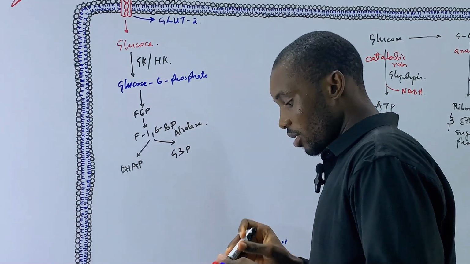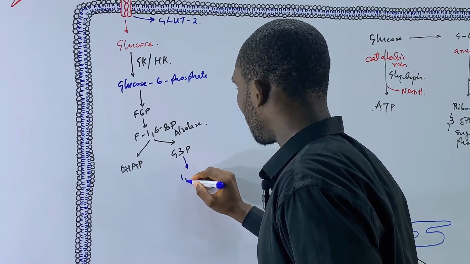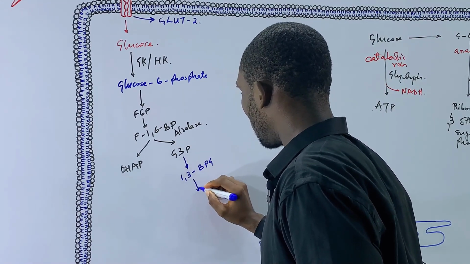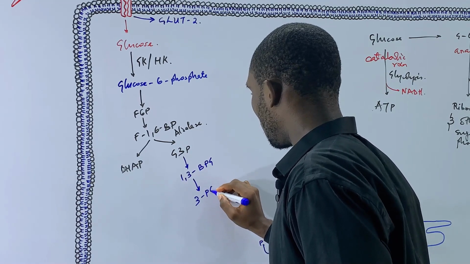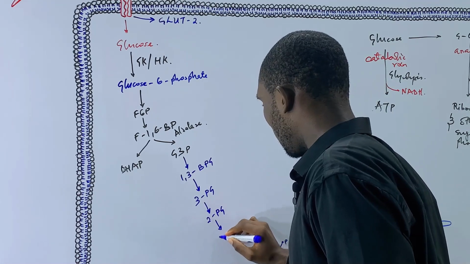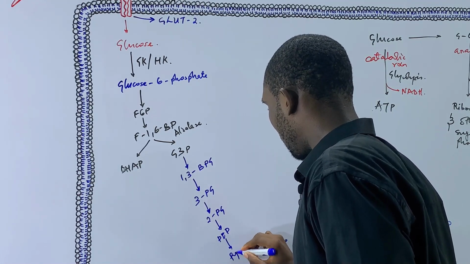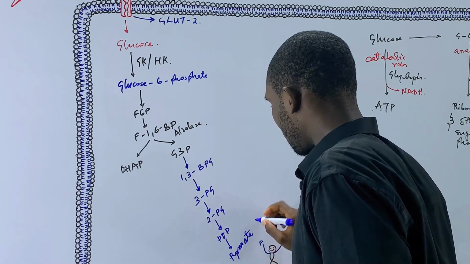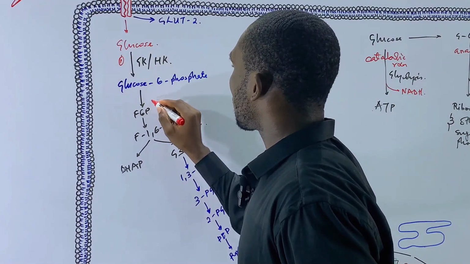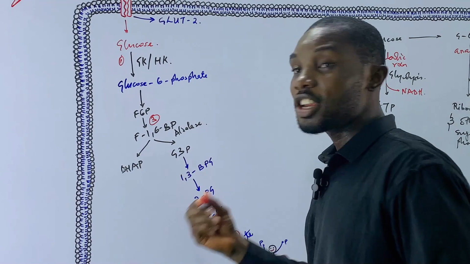Aldolase. Then the glyceraldehyde 3-phosphate is converted to 1,3-bisphosphoglycerate, which is converted to 3-phosphoglycerate, then to 2-phosphoglycerate, and then phosphoenol pyruvate and pyruvate. And remember, reactions 1, 3, 10 are irreversible.